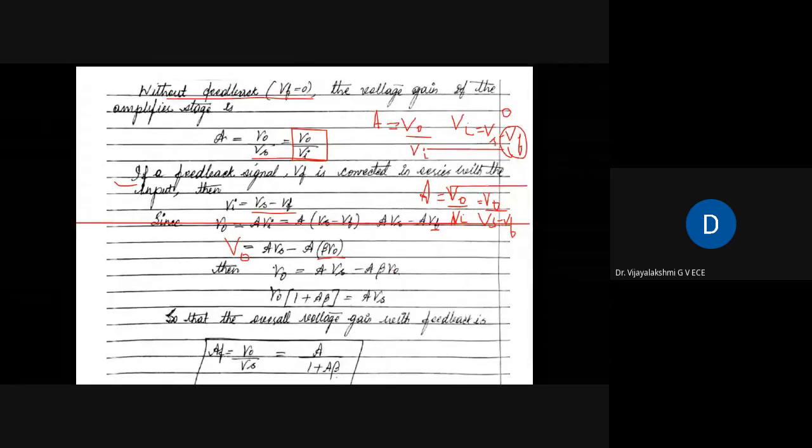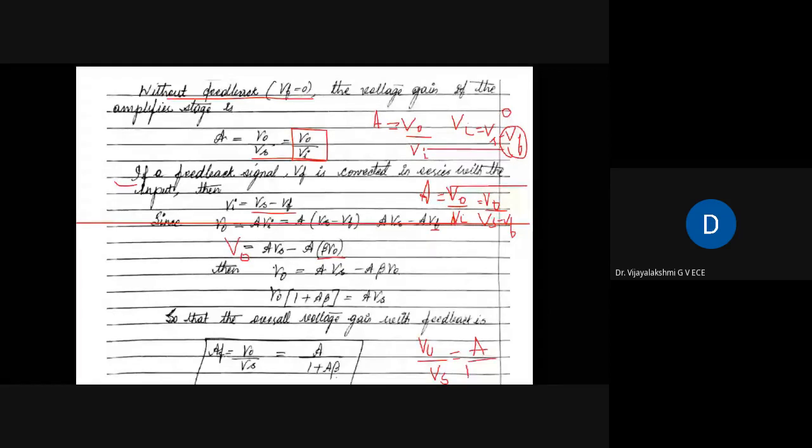Now we have to separate the V naught terms and Vs terms. If you take V naught as common, I get V naught into (1 plus A beta) is equal to A into Vs. Now take the ratio of V naught divided by Vs, and you get A divided by 1 plus A beta.